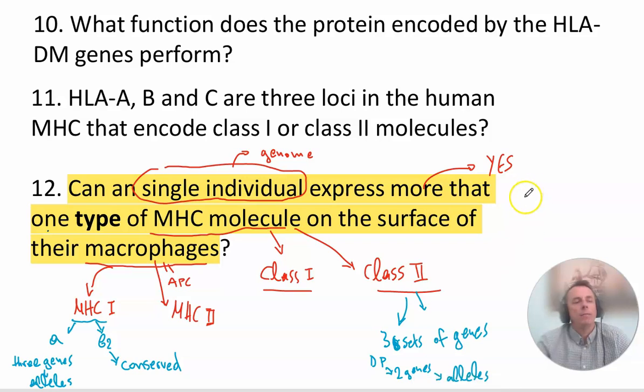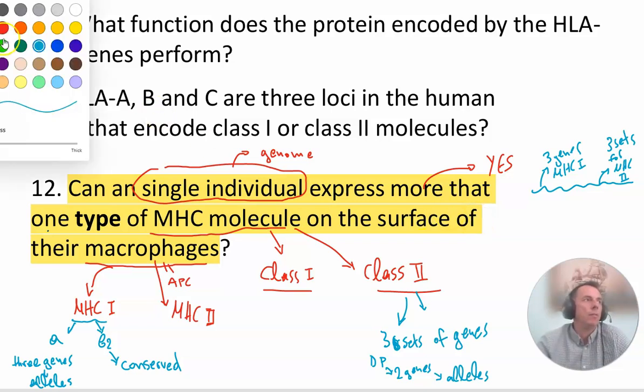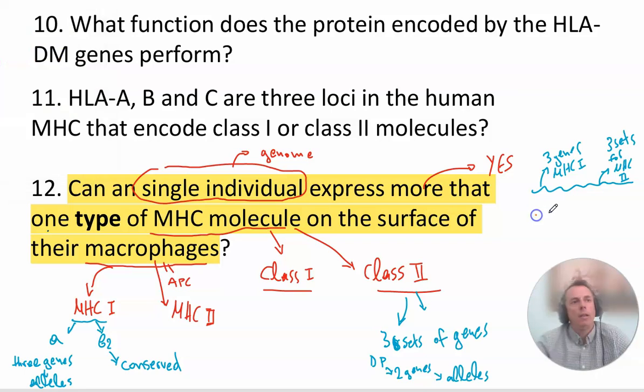So you would expect an individual with 3 genes for MHC1, 3 sets of genes for MHC2, all of them will have alleles which would be different if compared to the chromosome of maternal origin or paternal origin.